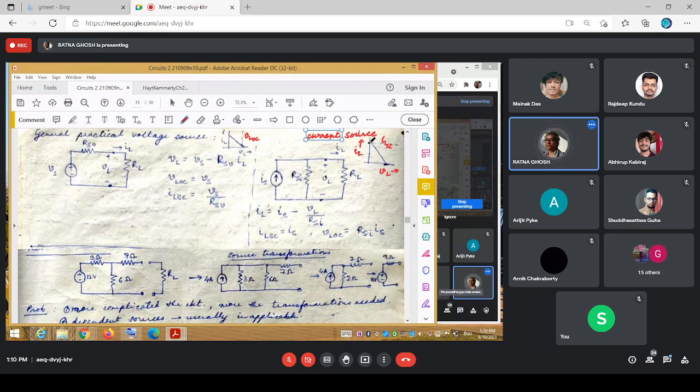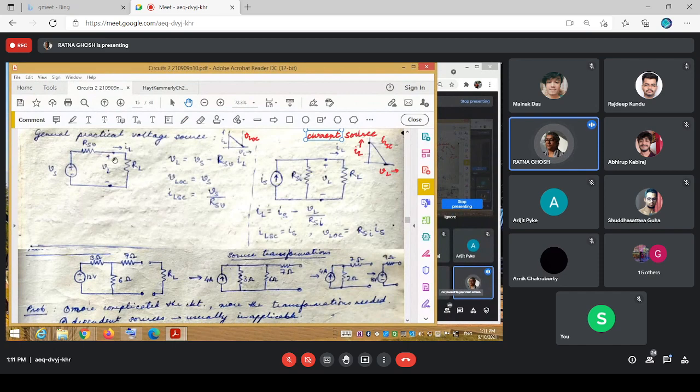An ideal current source will supply the same current irrespective of voltage requirement across the terminals. These two are called duals of each other.